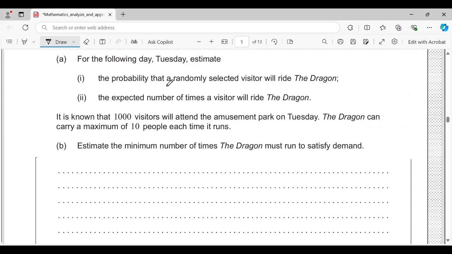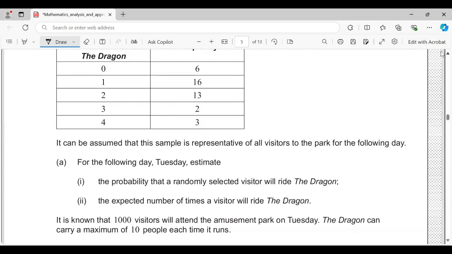Right, for question A, the probability the visitor will ride the Dragon equals 34. Why 34?